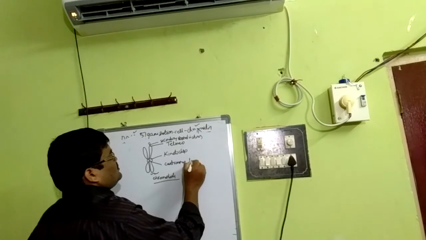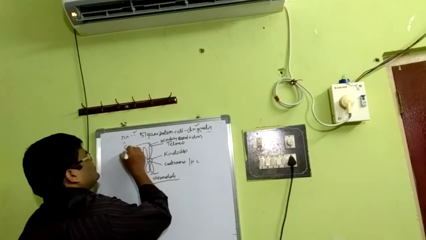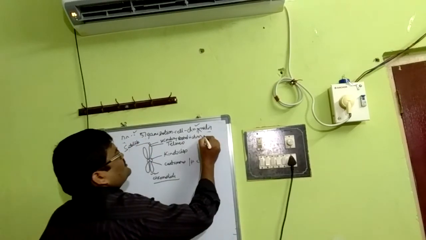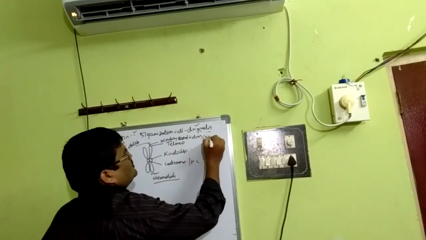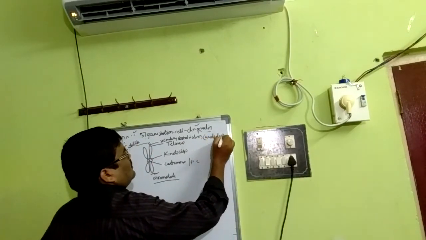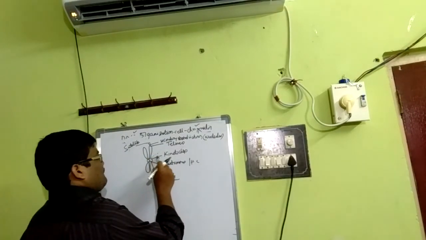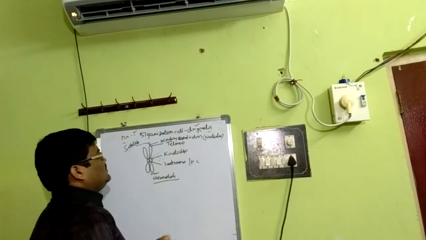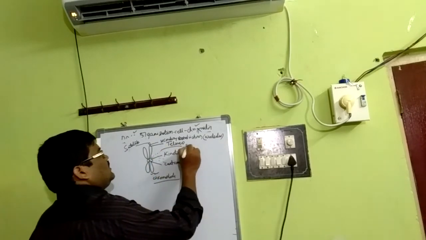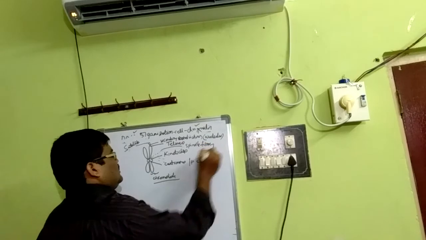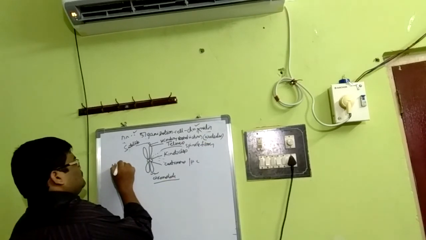They are primary constrictions and they are satellites. Secondary constrictions are associated with the nucleolus. These are spindle fibers. This is a metacentric chromosome.